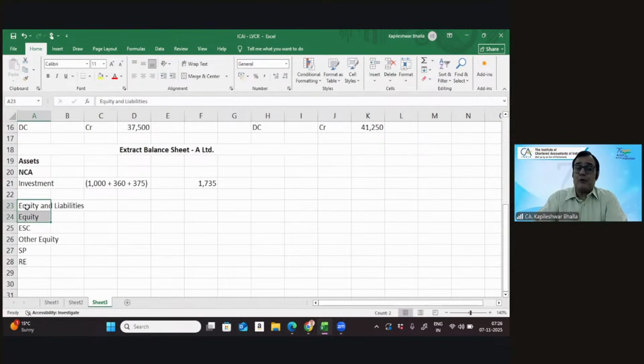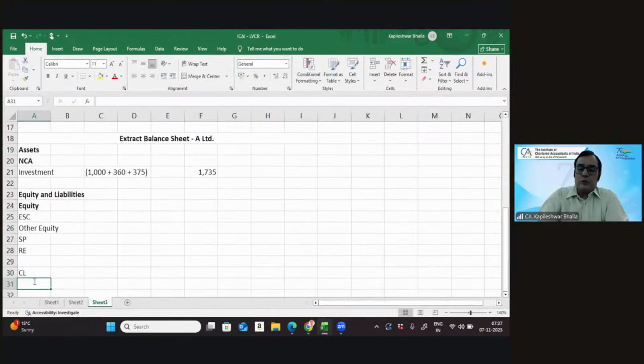I'm going absolutely systematically because there is going to be a change in the equity share capital, share premium, and the finance charge is going to change the retained earnings. And lest we forget, we also need to take the current liabilities in which we need to record the DC as well. So let's go one by one.